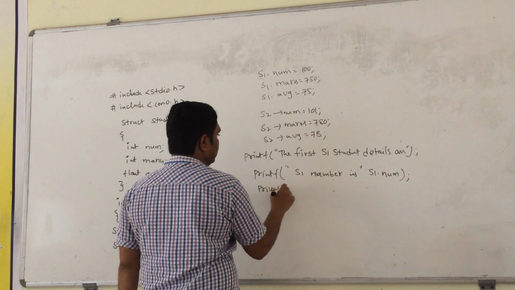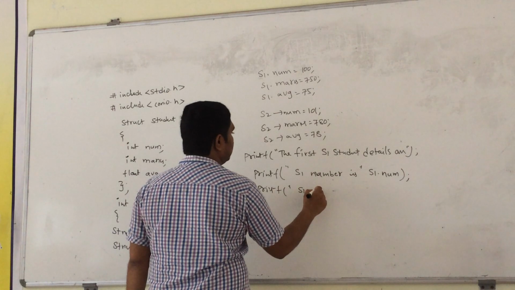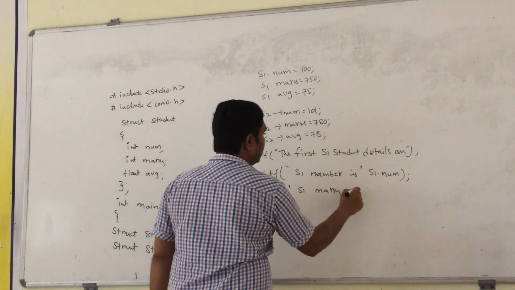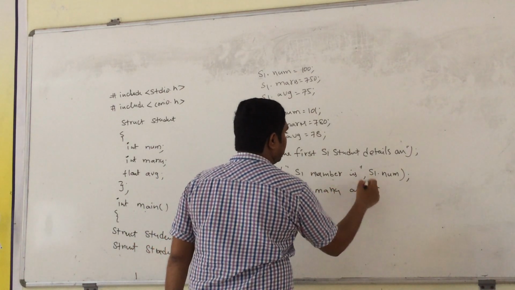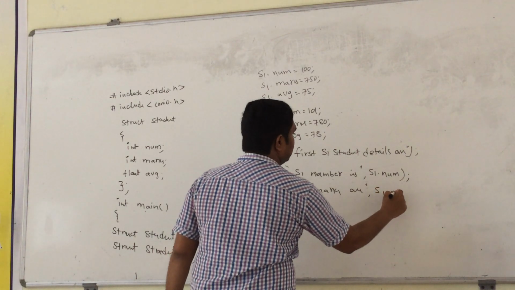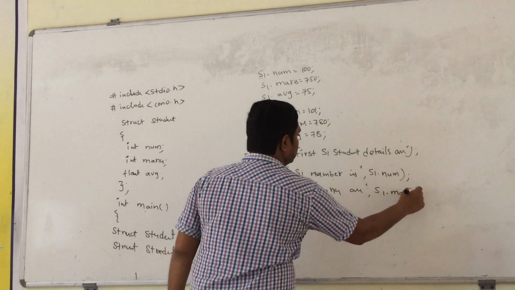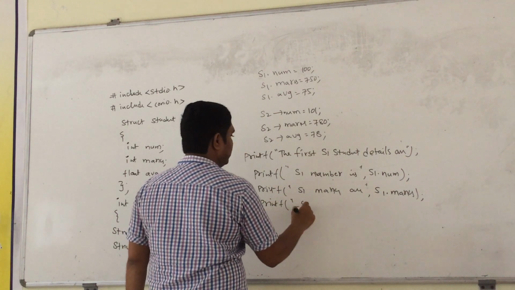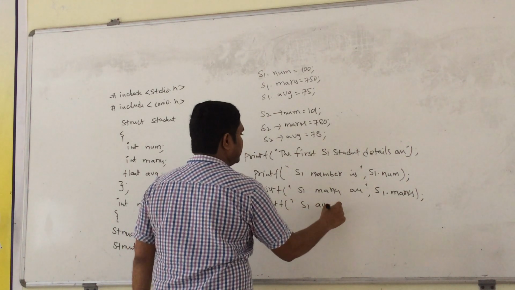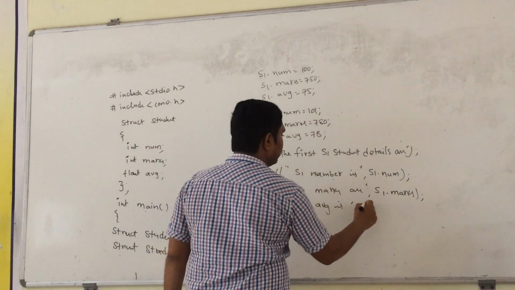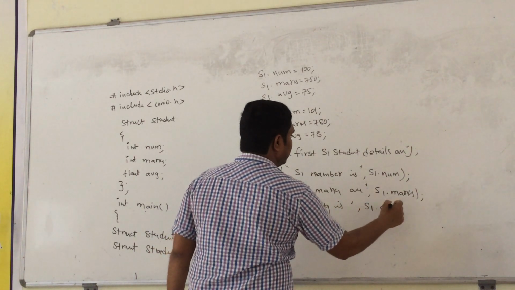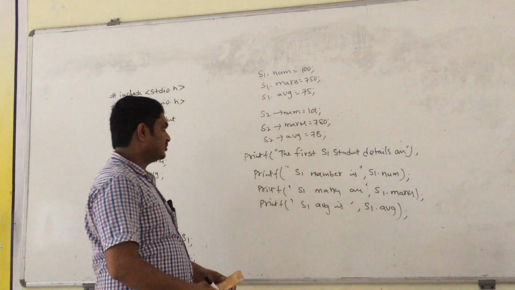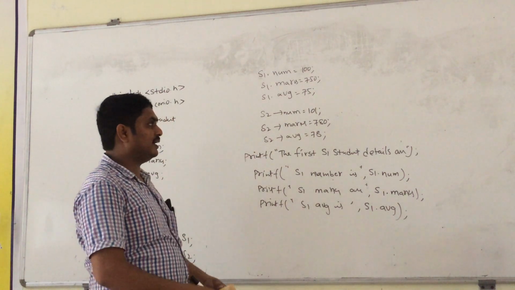Printf S1 marks are, S1 dot marks. Printf S1 average is, S1 dot avg. I printed the first student's details.